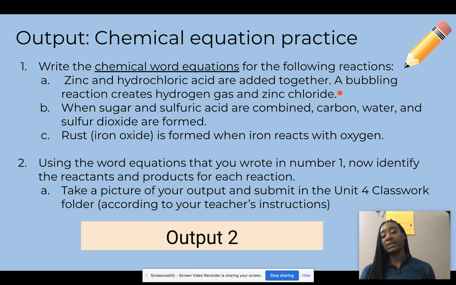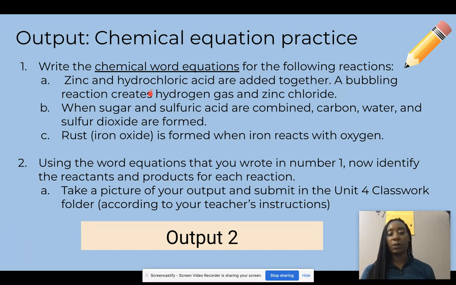So the second sentence tells us, it says a bubbling reaction creates hydrogen gas and zinc chloride. So creates, that is a strong sign of it's producing, it's turning into. And so we want to put our arrow there and then put hydrogen gas and zinc chloride. You're writing this out as a word equation.